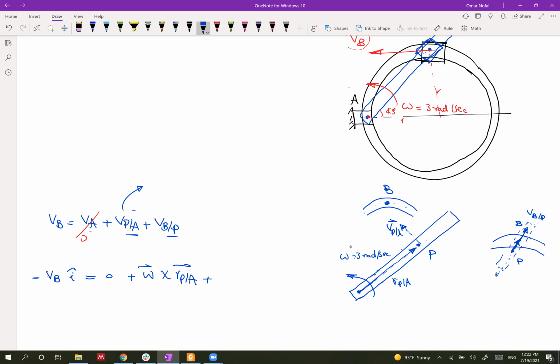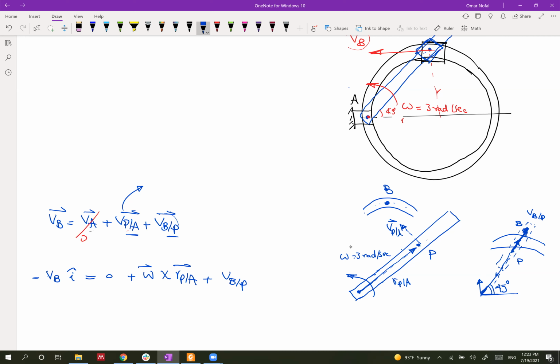And let's move to the third one, VB with respect to B. This should be in magnitude like this, and we know the direction. So we know it's going in this direction. And actually, 1 unit of this direction has an angle of 45 degrees. So we know the I hat and the J hat of the 1.